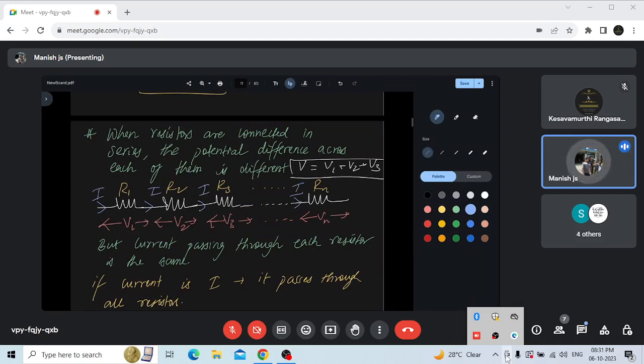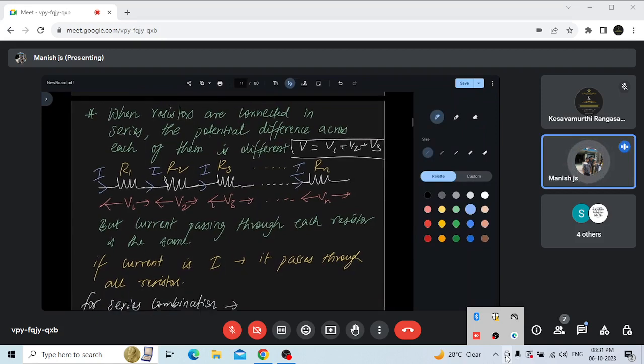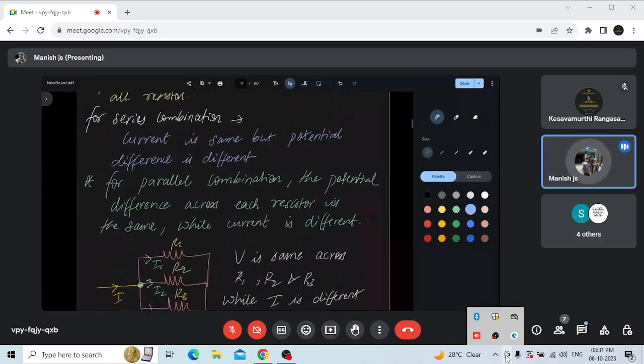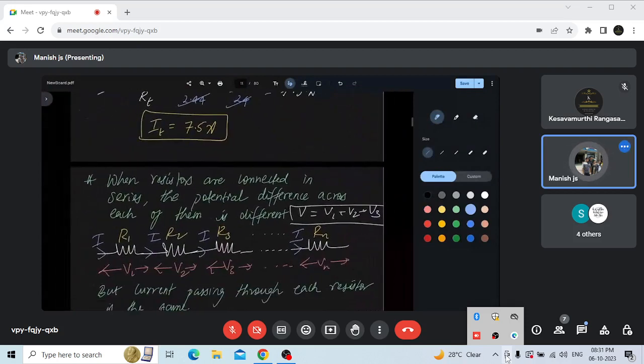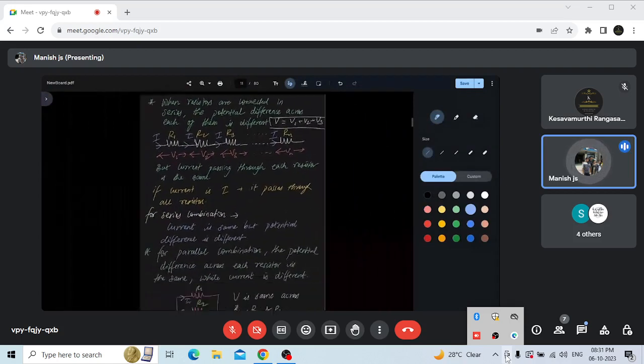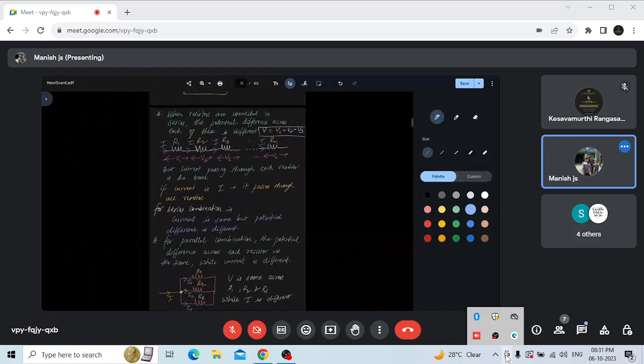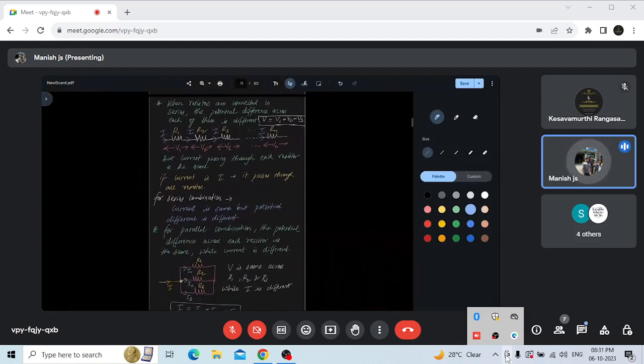So that is the logic that you need to understand for both series and parallel combinations. This is very, very important. Once you understand this, questions based on circuit analysis will be easy. You will be able to do them. These are the important golden rules that you need to keep in mind for both series combination as well as parallel combination. I hope this part is clear.